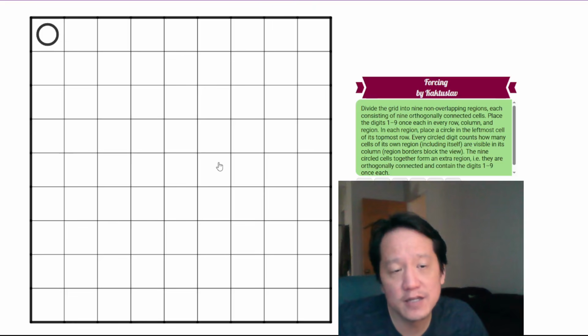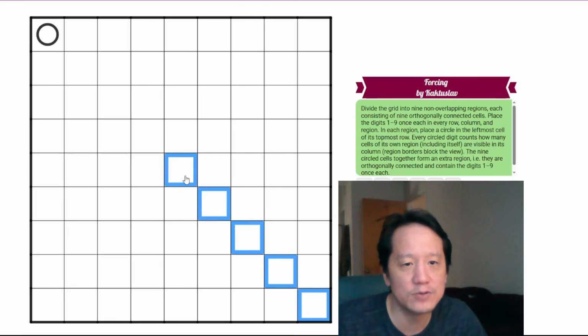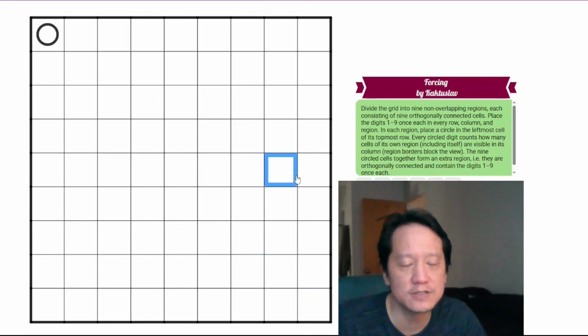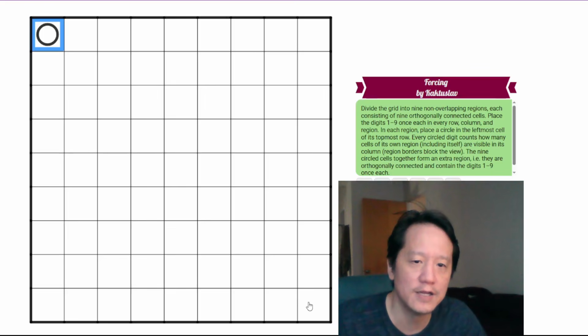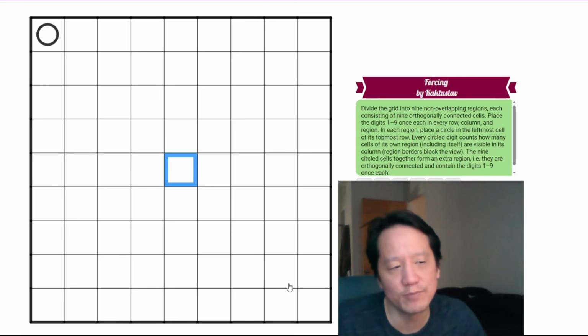So how is that going to work? Where is this cell going to have its leftmost cell in the topmost row be orthogonally connected to that? It can only do so if this is the top leftmost cell of the topmost row.